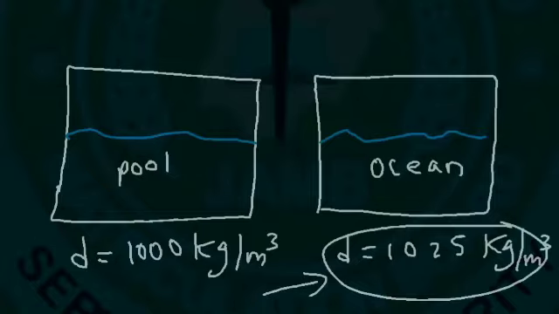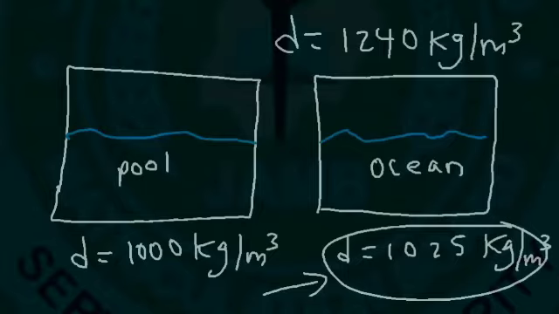The density of the Dead Sea water is about 1240 kilograms per cubic meter. And the higher the density of a fluid, the harder it is to sink. It's easier to float. So it's easier to float in seawater than it is to float in a pool.